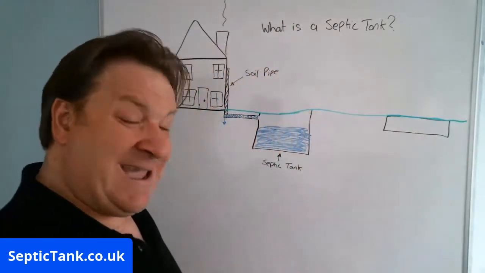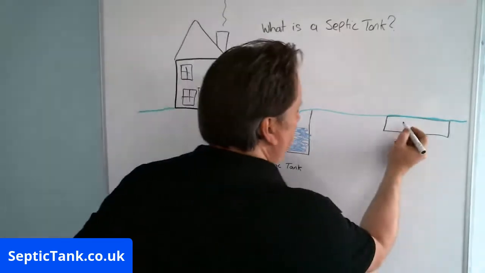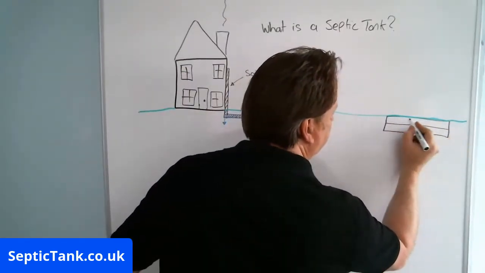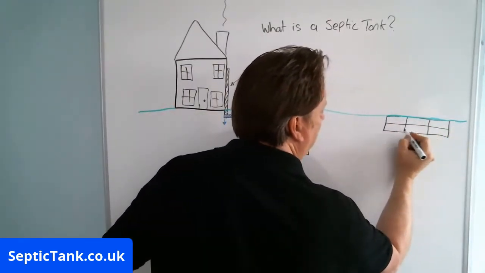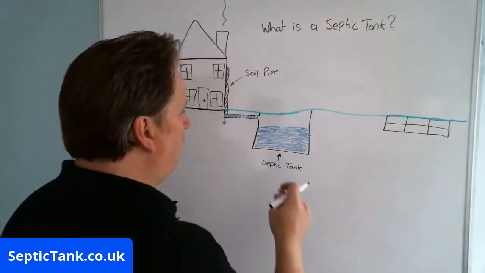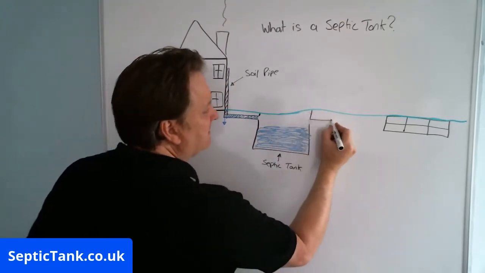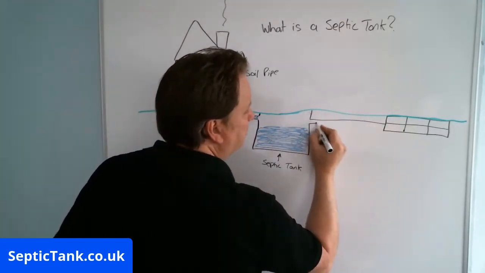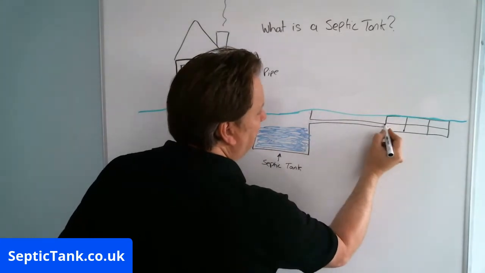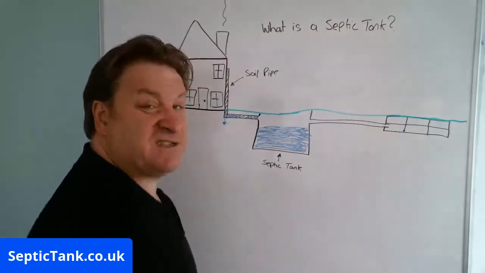Okay, and in there is septic tank soakaway crates. All right, so that's crate 1, 2, 3, 4, 5, 6, etc. All right, and so you'll have a pipe coming from the septic tank that goes directly into your soakaway, or in this instance, the soakaway crates.